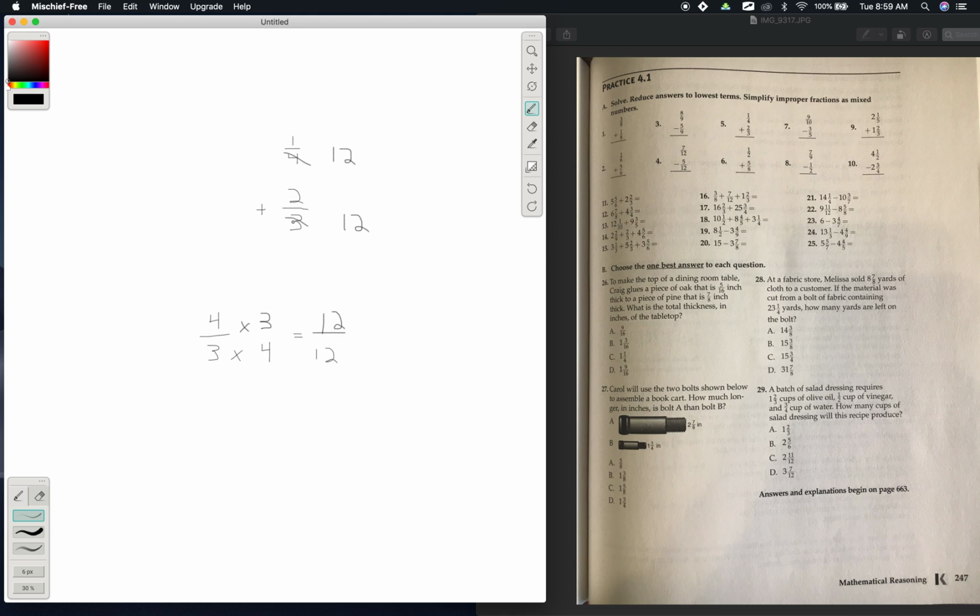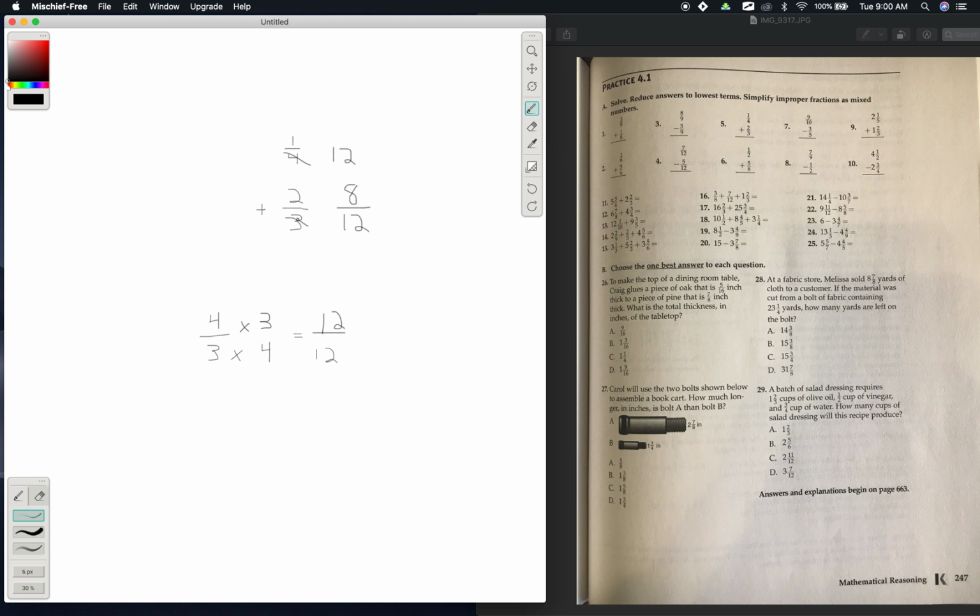And we know that it took 3 4 times to get to 12, so we need to multiply this numerator by 4 as well, because we have to. Anytime we change the number of a fraction, it changes a fraction, and both of these have to be changed in equal proportion. So if we change this 3 4 times, then we also have to change the 2 4 times. Okay, so 2 times 4 is 8.